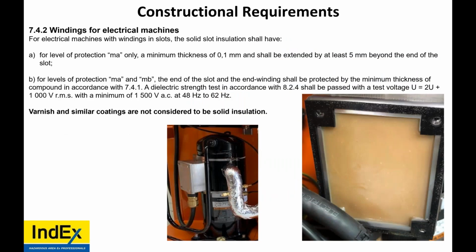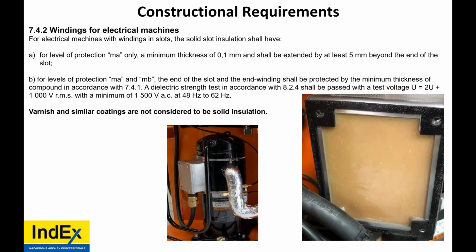So, windings for electrical machines. Now, this is a compressor, but it's an example. Electrical machines with windings in slots and the solid slot insulation shall have, for protection MA only, a minimum thickness of 0.1 millimeters and shall be extended at least 5 millimeters beyond the end of the slot.